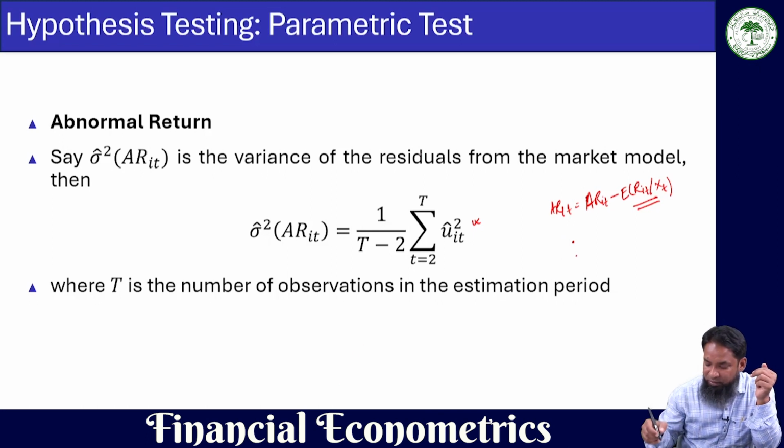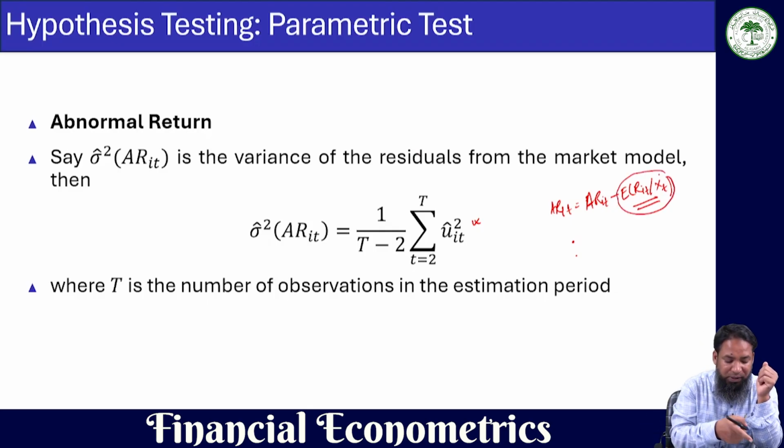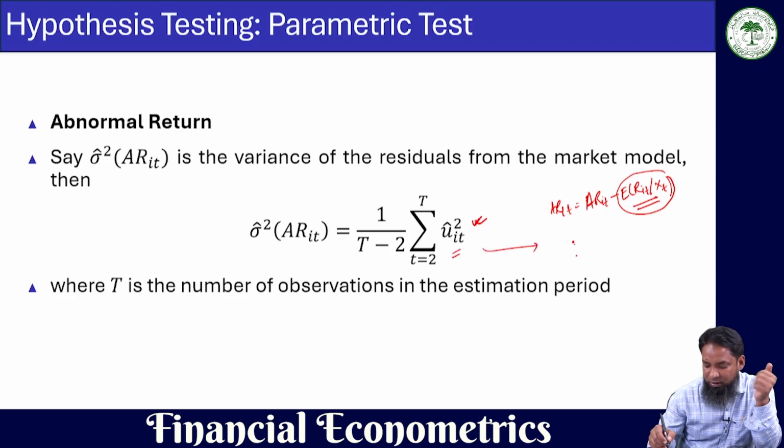Now, if we are using the market model to calculate the expected return, in that case, the variance of the abnormal return will have this particular structure: 1 upon T minus 2 times the sum of u hat_it squared, where u hat_it is the estimated error term, which in the formula we have represented with eta_it. So, the variance of AR_it will be this.